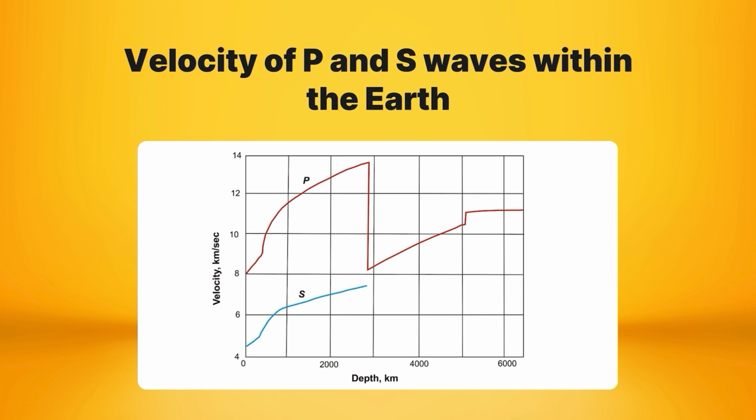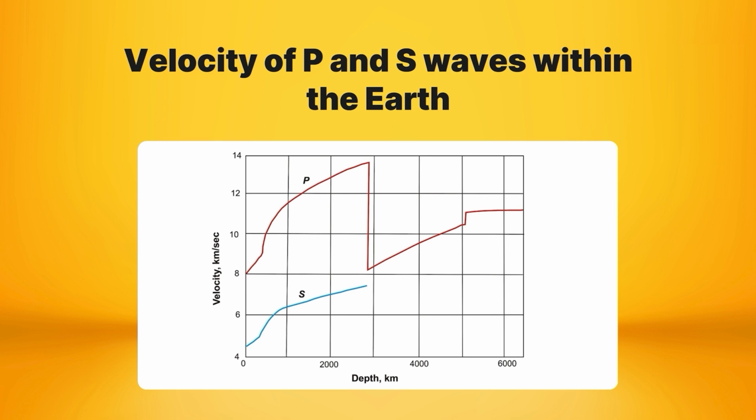And here after, a very important thing you can visualize is the blue graph: the S wave is not going further beyond 2886 kilometers. Why? Because S waves cannot travel through liquid.